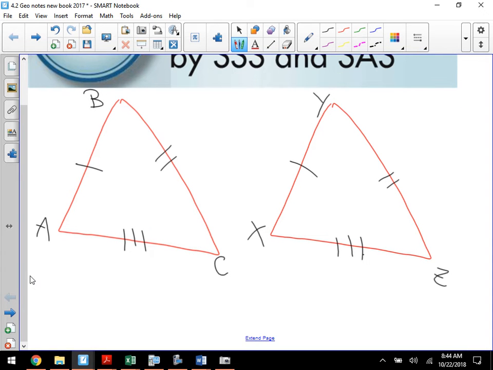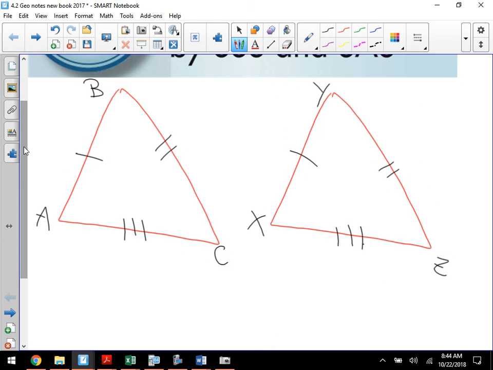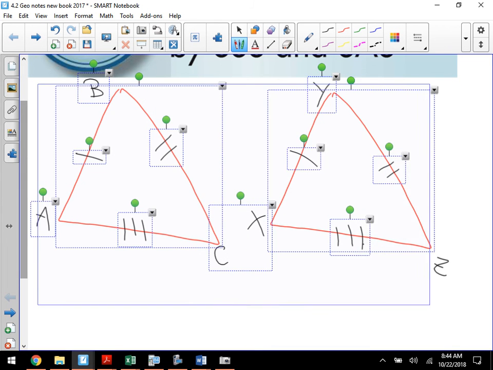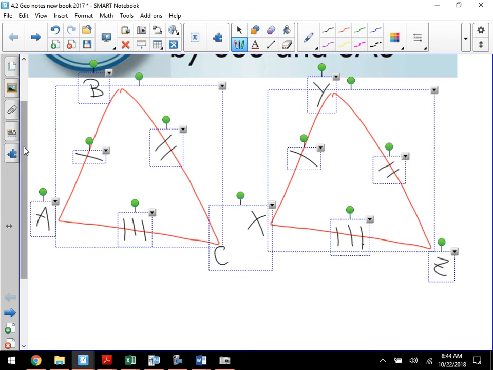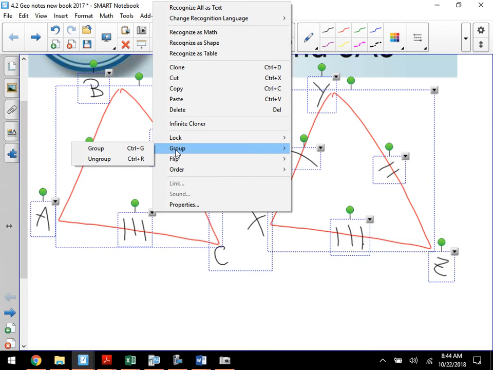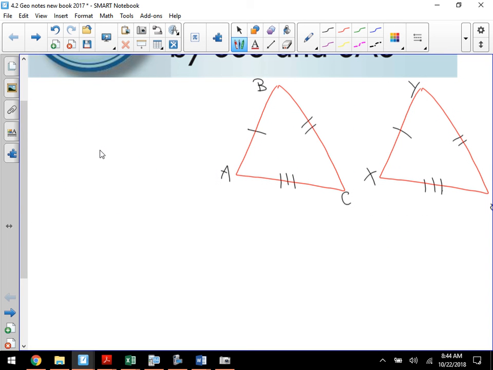I know, that's what it's called. So we move this up a little bit so we can get this all to fit. So I can say triangle ABC is congruent to triangle XYZ.